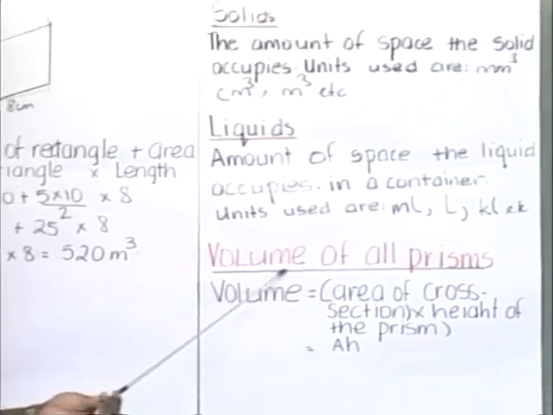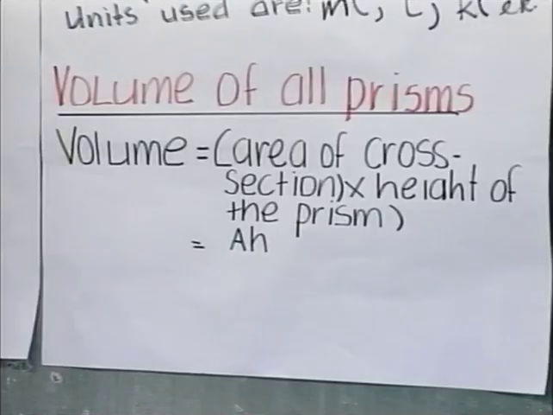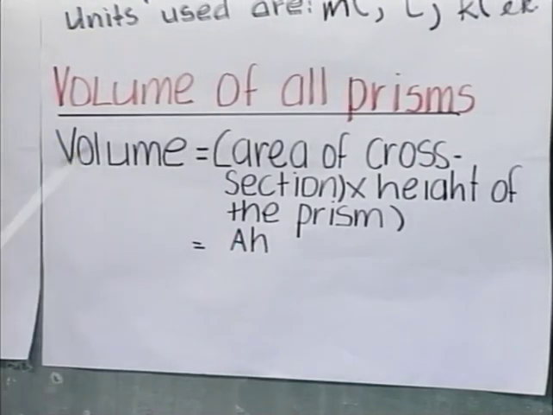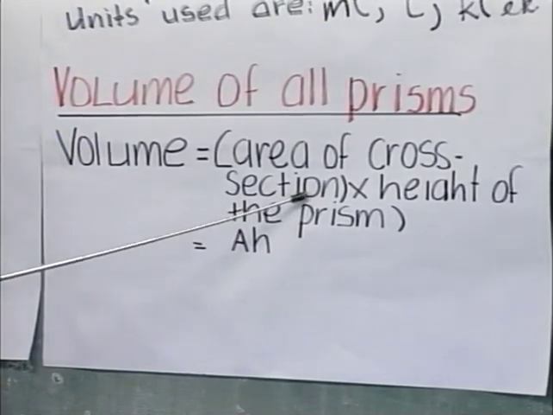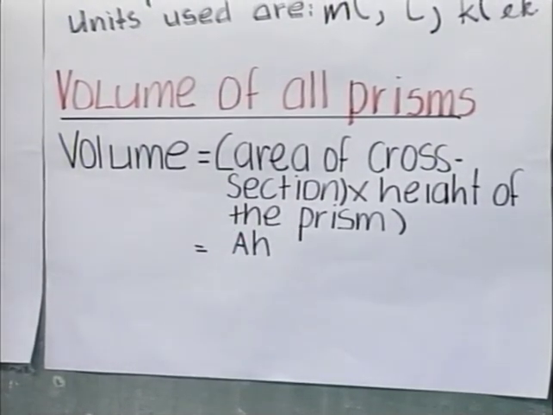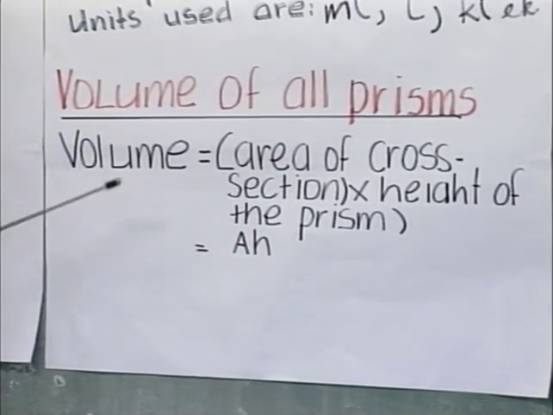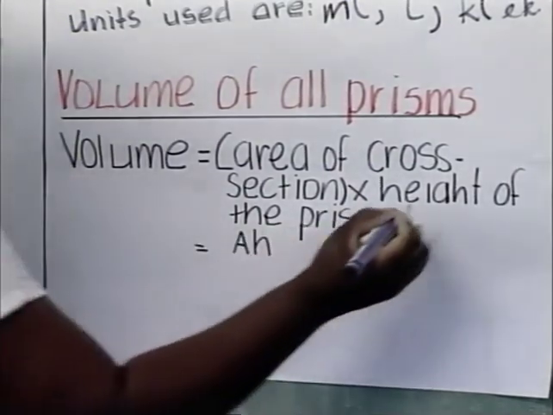The general formula for finding the volume of solids, I've just put down prisms, is equal to the area of the cross section. And I'm going to explain that. It's usually the area of the front face, or the area sometimes of the base. So it's the area of the cross section, and you multiply that by the height of the prism.